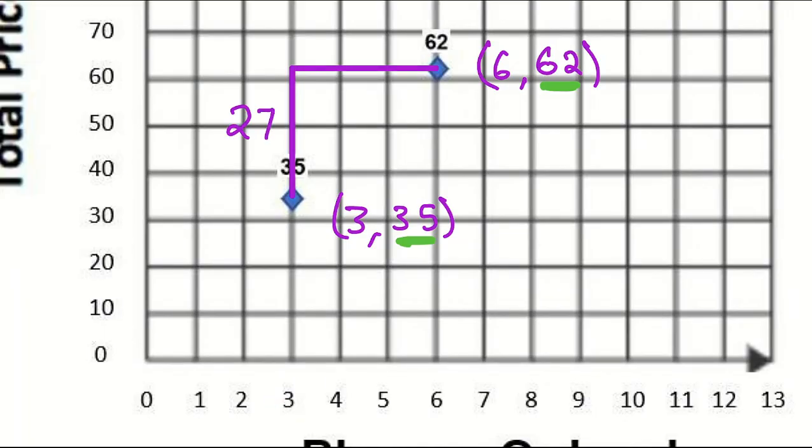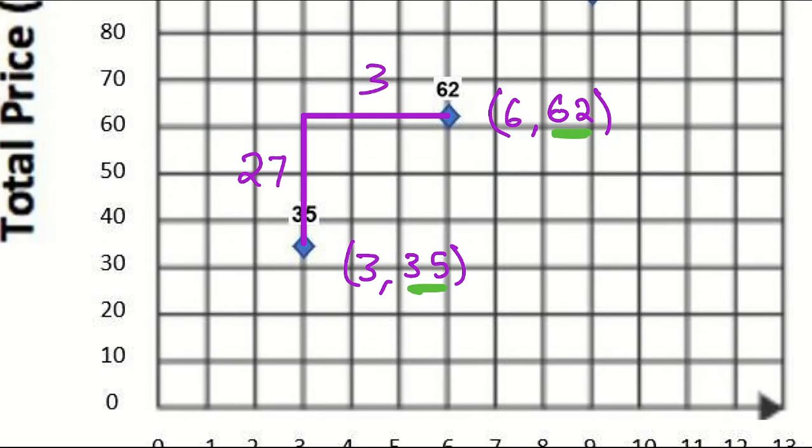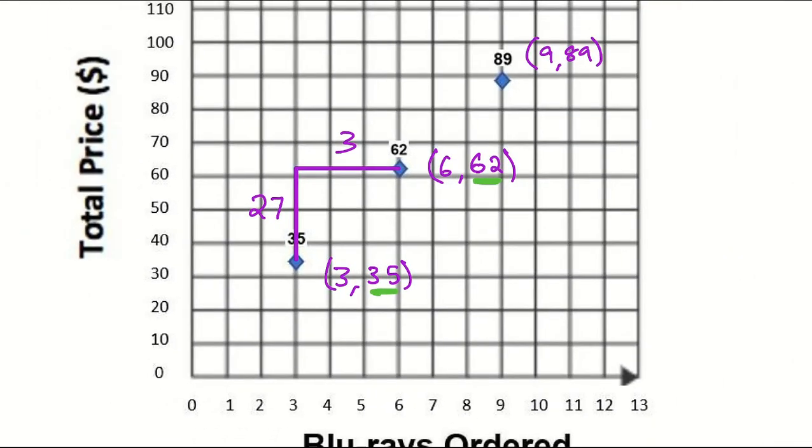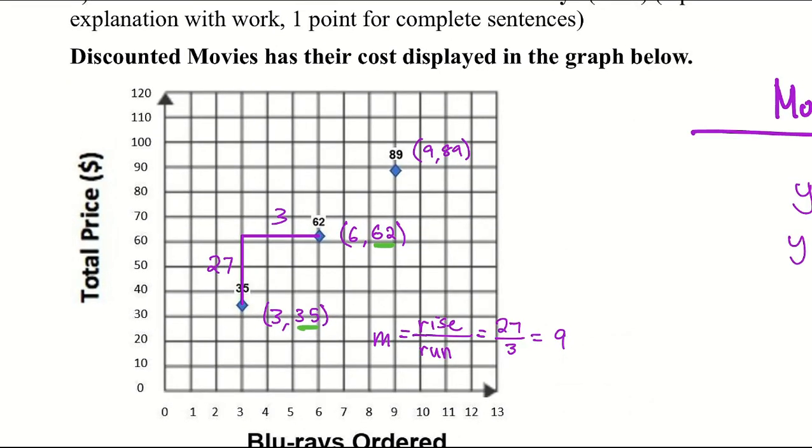So I am going to just count over, and that's going to be 3. So to find my slope, it's going to be the rise over the run. I just found that my rise is 27, and my run is 3, giving me a slope of 9. So for this equation, it's going to start out y equals 9x. We just need to figure out what our y-intercept is.